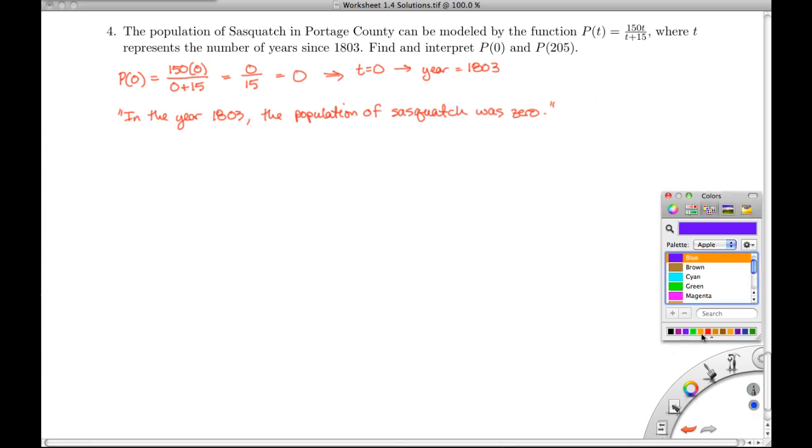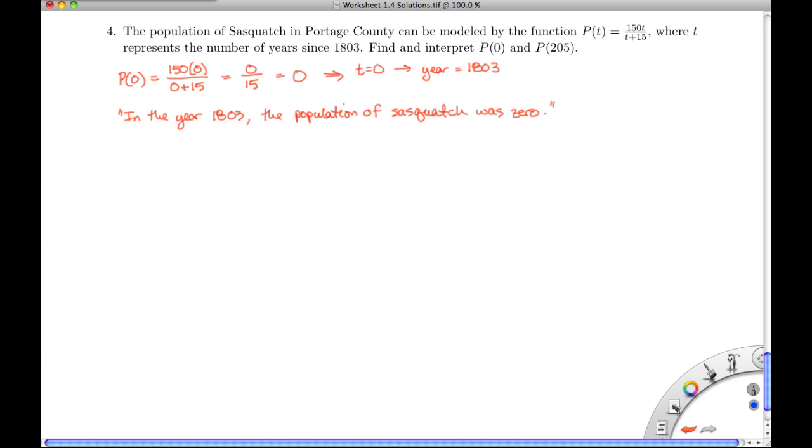Okay, so now let's move on to the second one. They asked us to find and interpret p of 205. So again, the imperative here is the same. We're going to plug in 205 anywhere that there's a t in this function. So we have 150 times 205, and then we've got 205 plus 15.